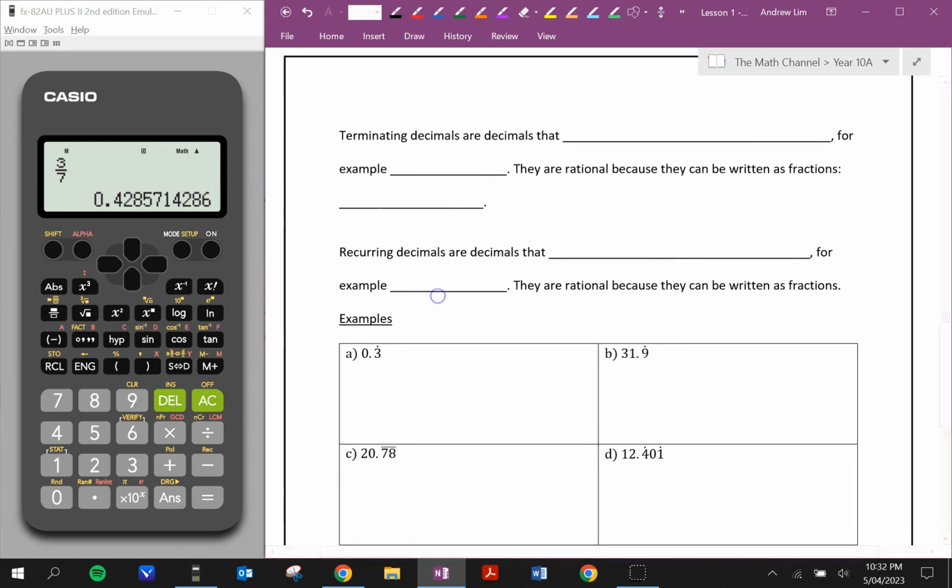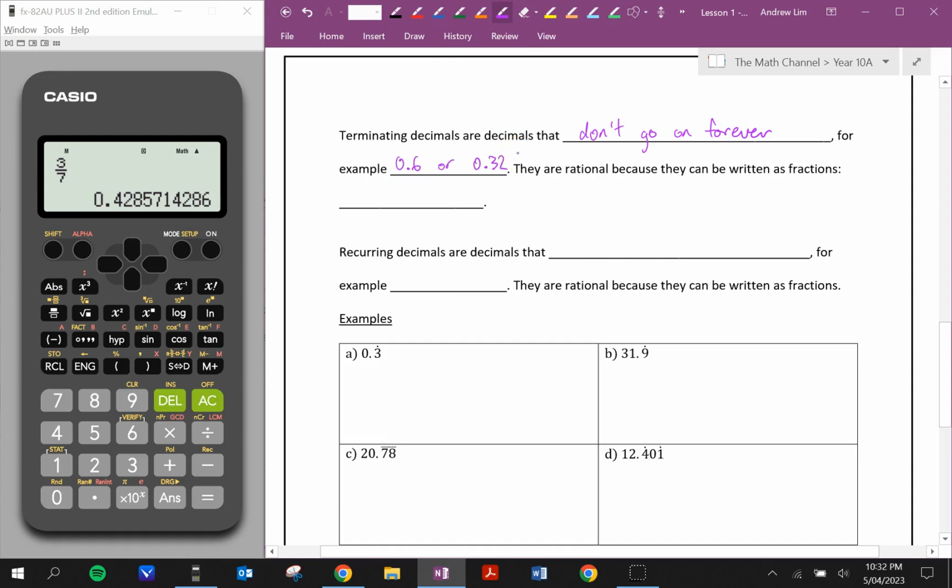Here's more proof that terminating decimals are also rational. Terminating decimals are decimals that don't go on forever. They have some sort of end. They terminate. For example, let's say 0.6, or let's say 7.32.